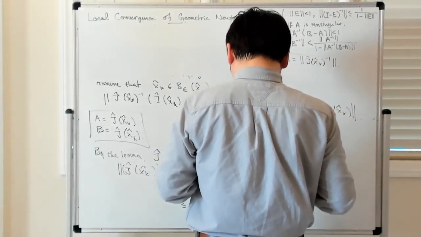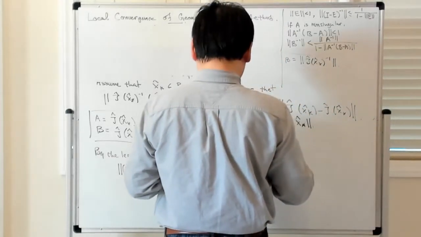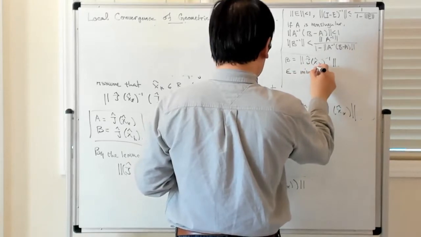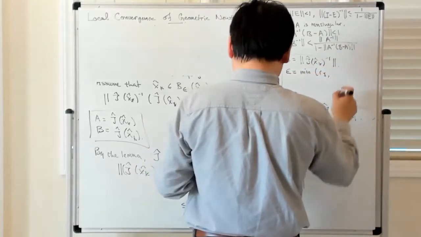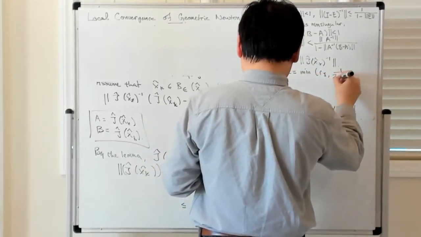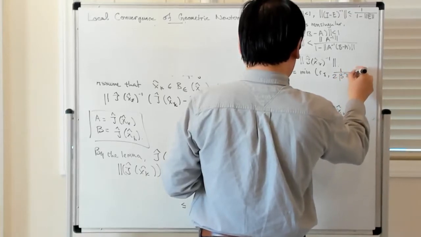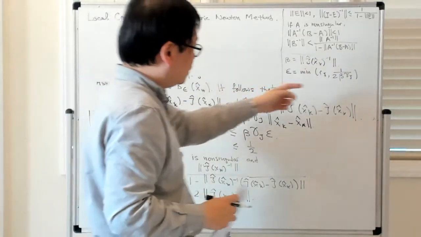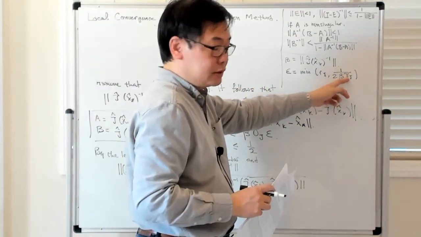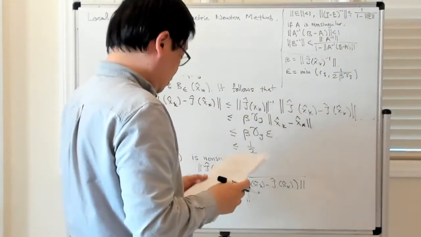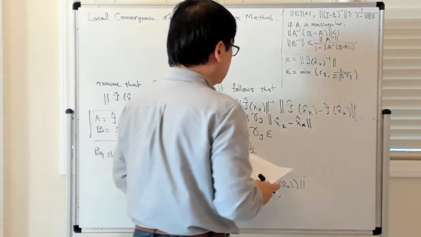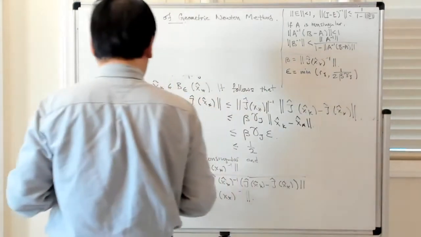Epsilon is equal to the minimum of r_J and 1 over 2 beta gamma J. And if you recall, r and gamma are related to the Lipschitz constants for the Jacobian. All right, so anyhow.